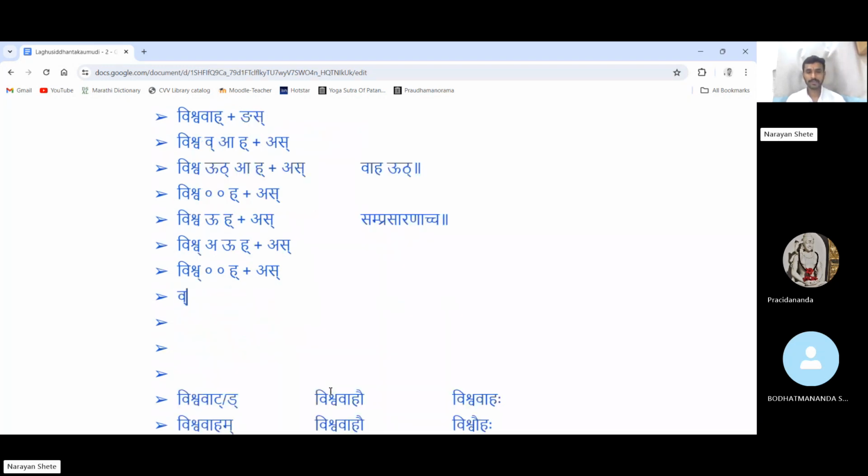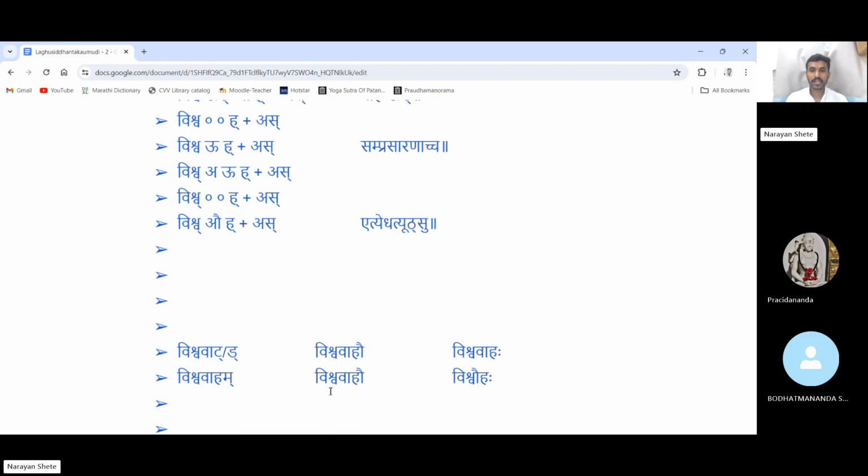By that again, between akara and ukara, vriddhi takes place. Kharavasanayor visarjaniyah. Vishwauhah.